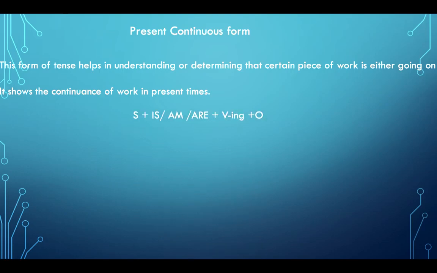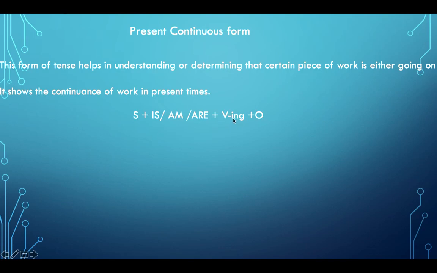Let's see how we work with the formula. It speaks: subject plus helping verbs is, am, are plus verb. With the verb we add ing, plus the object.